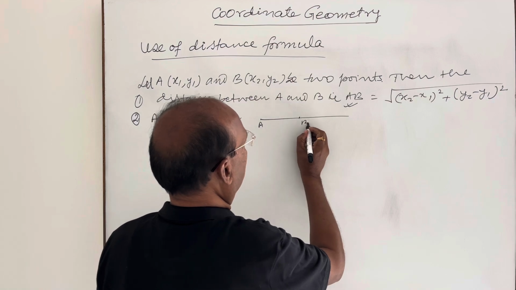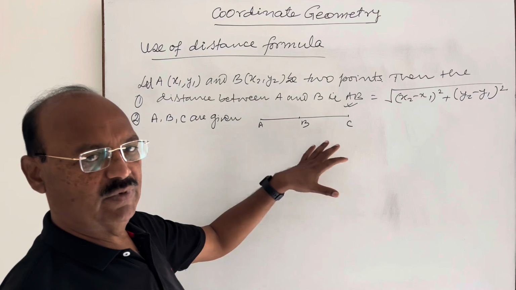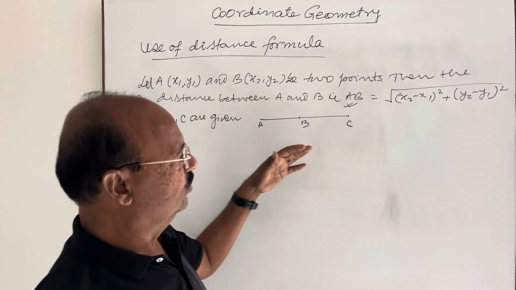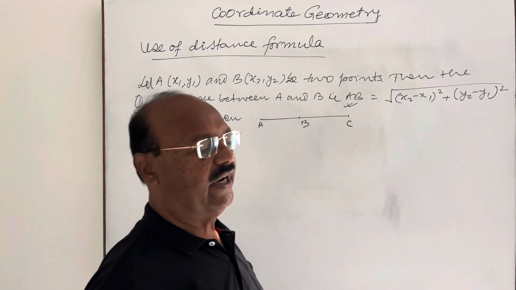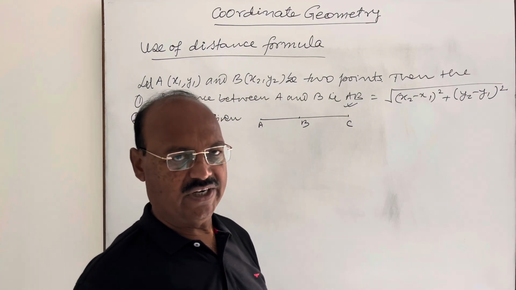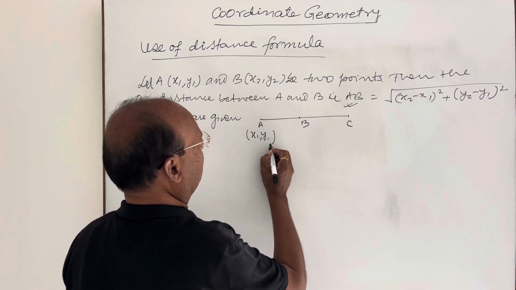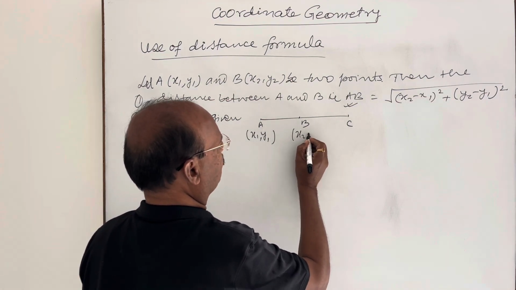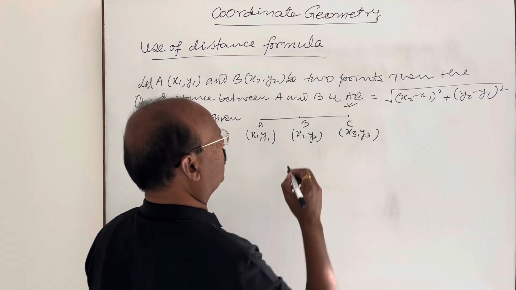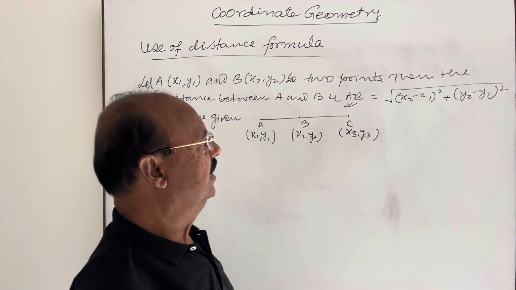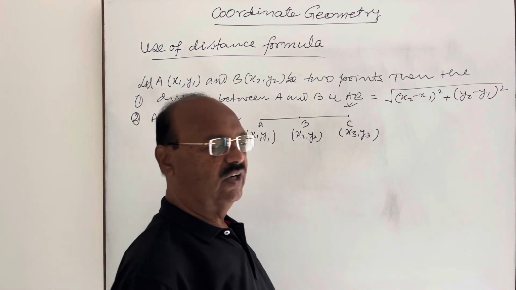Here we want to prove with the help of the distance formula that these 3 points are collinear. So coordinates will be given: x1, y1, x2, y2, x3, y3, the coordinates of the points A, B and C respectively. How to show that these 3 points are collinear?